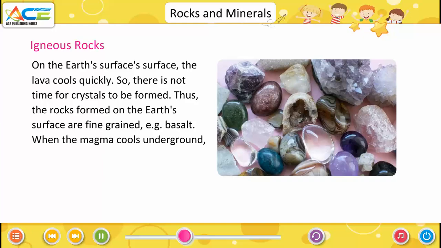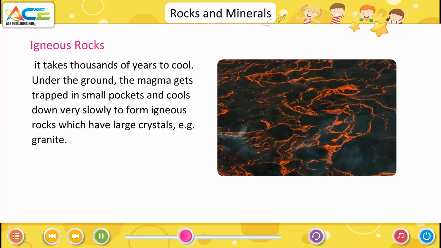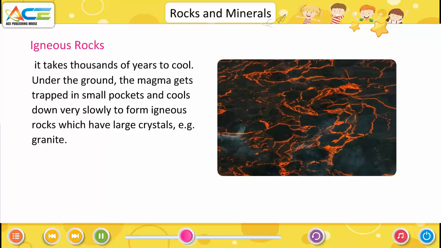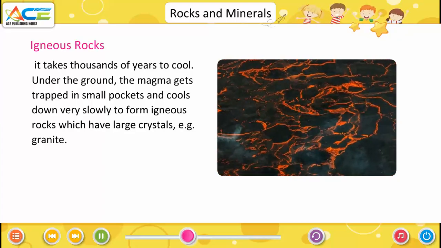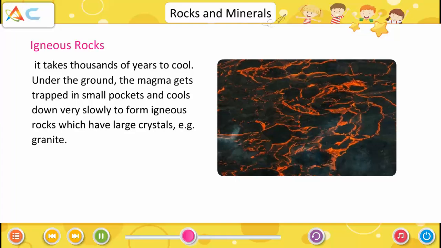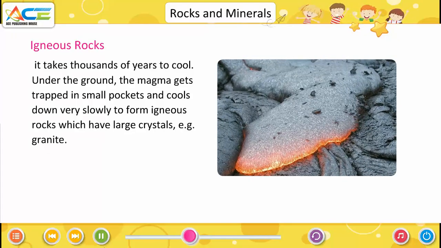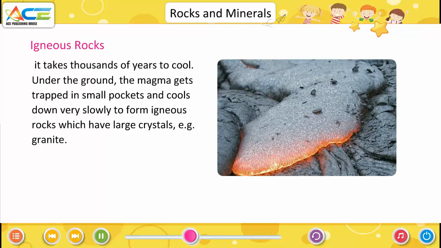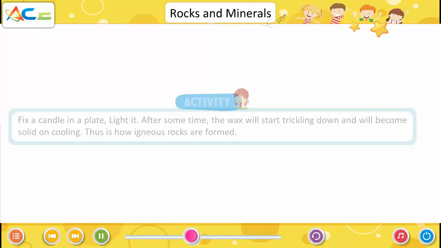When the magma cools underground, it takes thousands of years to cool. Under the ground, the magma gets trapped in small pockets and cools down very slowly to form igneous rocks which have large crystals. Example, granite.